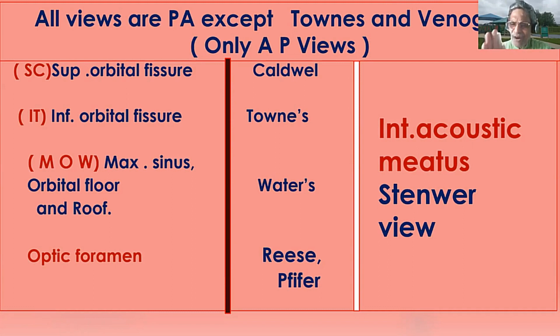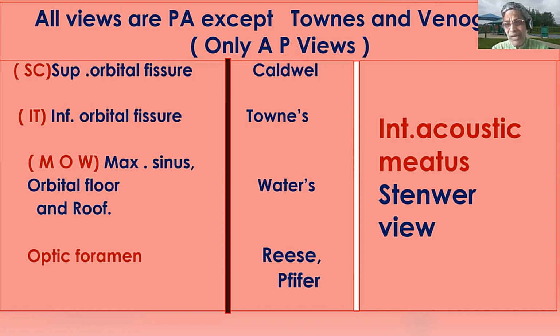Waters means just imagine drinking water. What can happen when you drink water? Maximum it can touch the chin only. So the X-ray plate will touch the chin. What about Caldwell? Here, the X-ray plate will touch the nose and the forehead. That's the Caldwell view.